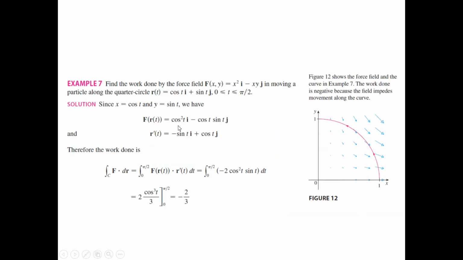So the application is very simple, the evaluation is very simple. We just have to convert F into parametric form. So the parametric form of F is this: x squared is replaced by cos squared t, xy is replaced by cos t sin t, and this is the F, and r prime t, because dr is r prime t dt.